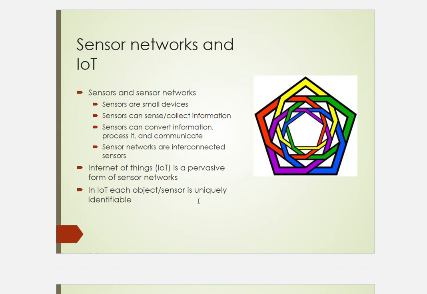That data is then processed through an agent. We'll talk more about that as we proceed, but that data is processed by the agent, and then some action may be taken based on the results of that sensor.